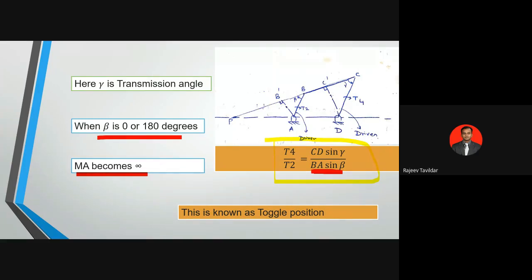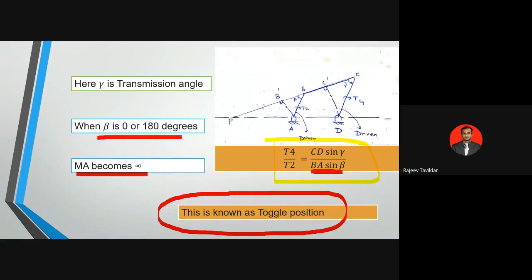So this particular concept wherein the mechanical advantage is becoming infinite is known as toggle position. Okay, so this is toggle position. When beta is 0 or when beta is 180, the mechanical advantage becomes infinite, and this is known as toggle position.